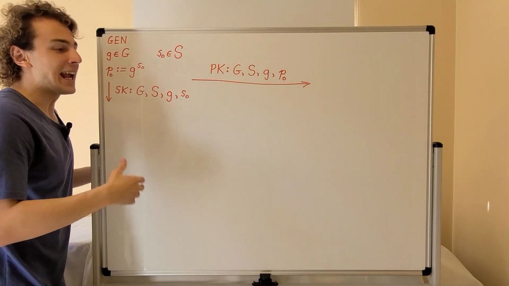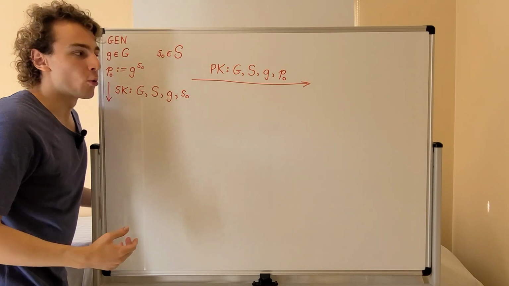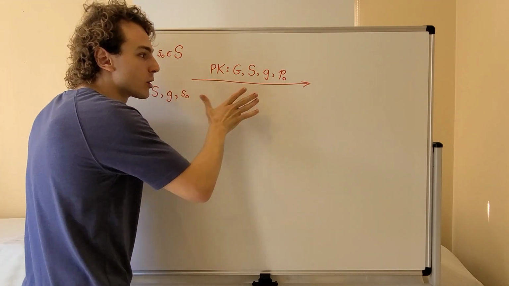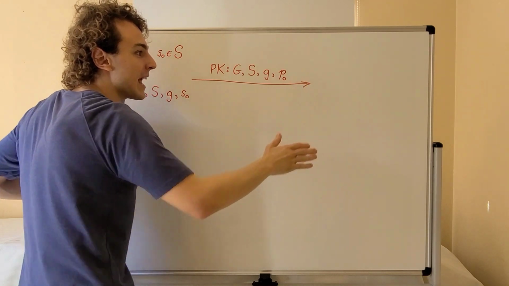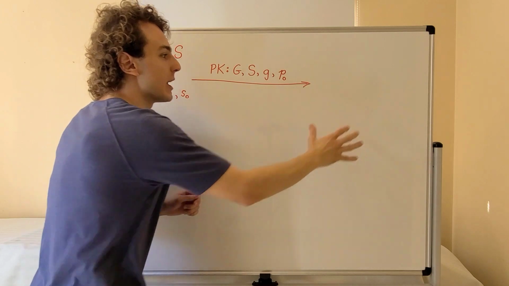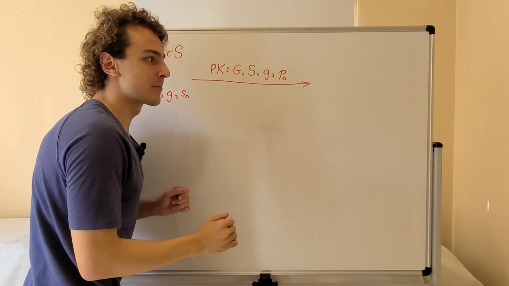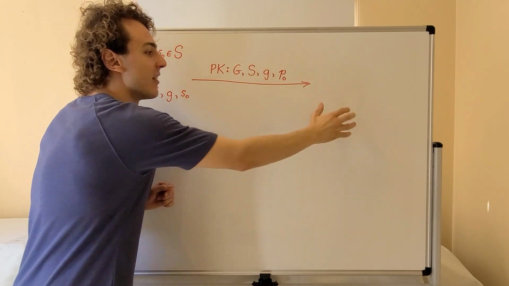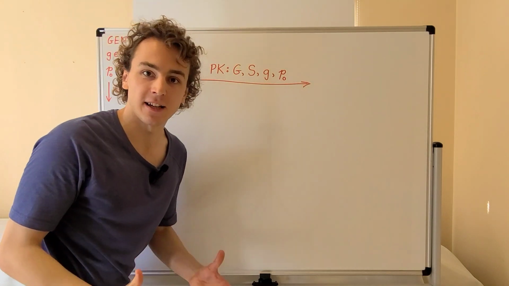So in asymmetric encryption, or public key encryption, this public key gets broadcast through a public channel, and then another participant can use the public key to encrypt a message. So a message is encrypted using the public key, and that produces the ciphertext.